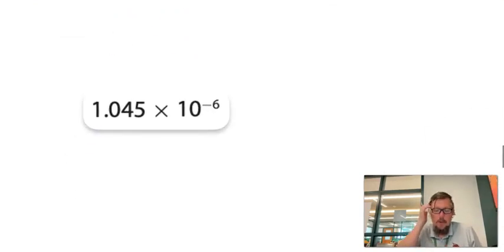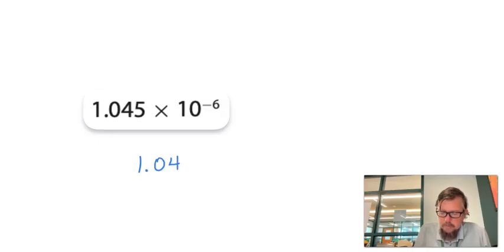Okay, let's take a look at this one. 1.045 times 10 to the negative sixth. So we start off with our 1.045. This is a negative exponent, so we're going to move our decimal 6 spots to the left. And just like before, after we move it one time, we have run out of space.